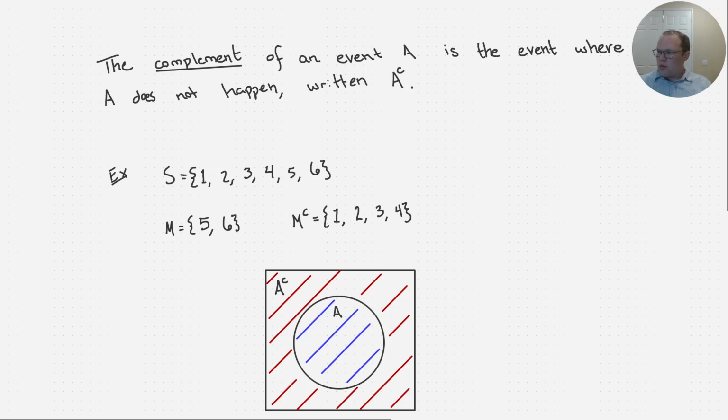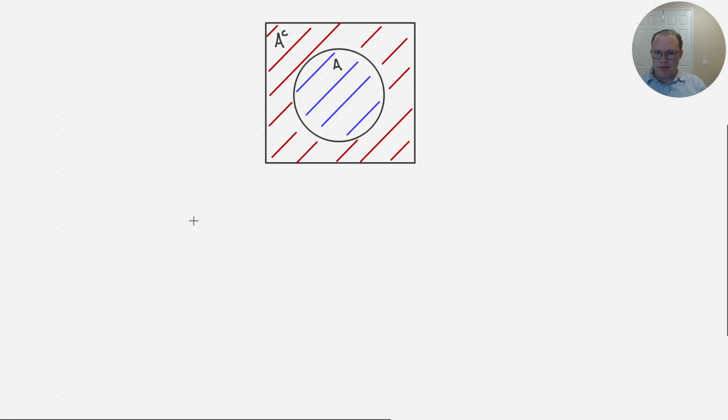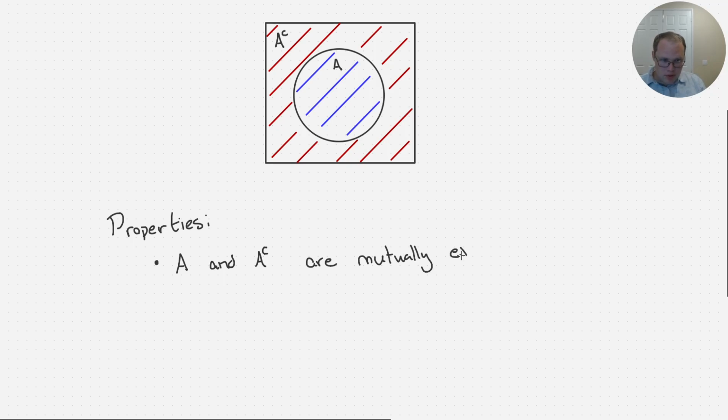Okay, so what are some properties of these complementary events? Well, we've already talked about a couple of them. First of all, they're mutually exclusive. A and A complement, two complementary events, are mutually exclusive.